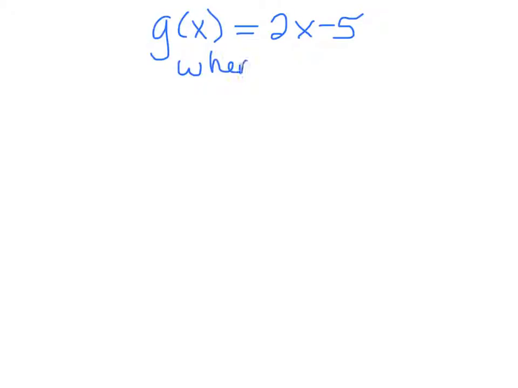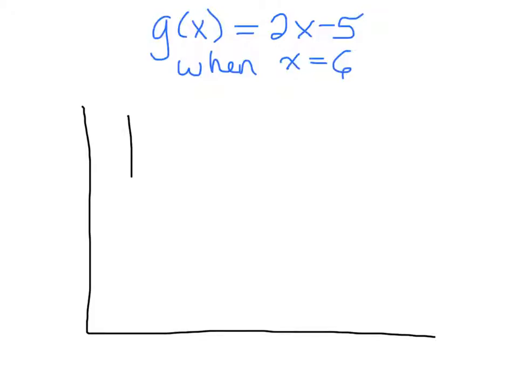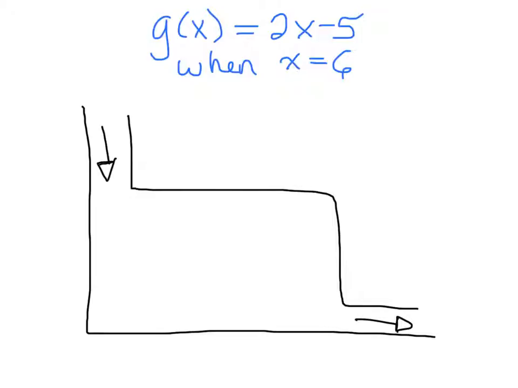Let's practice this for the next one. We have g of x equals 2x minus 5, and we want to evaluate when x equals 6. So if you open it up, you have your function machine, and our input is 6.